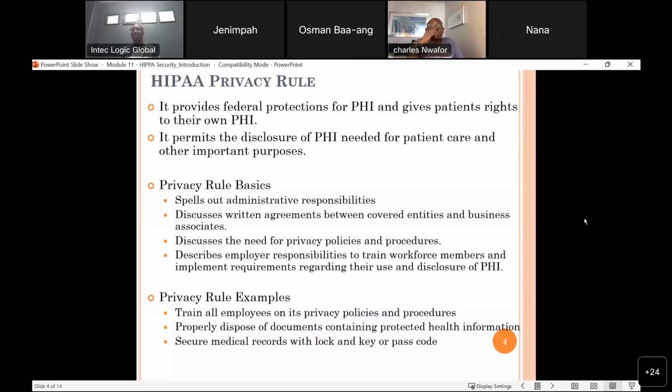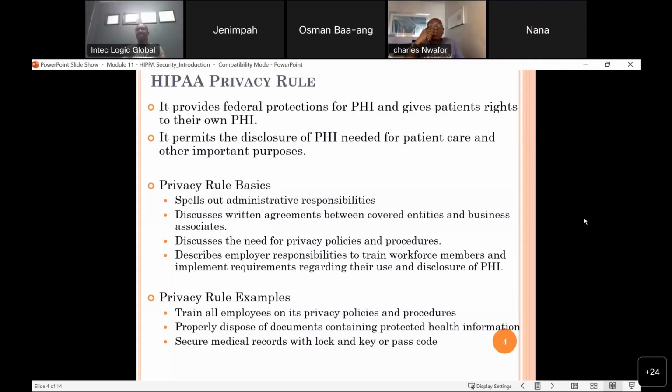The privacy rule says that if you are a clinic, I cannot walk into a clinic and say, give me Betty's PHI information. No. Whatever disclosure is made needs the right permission and the right authorization.